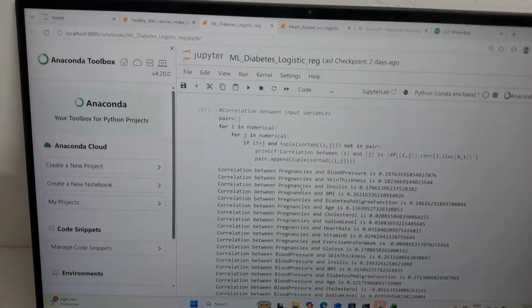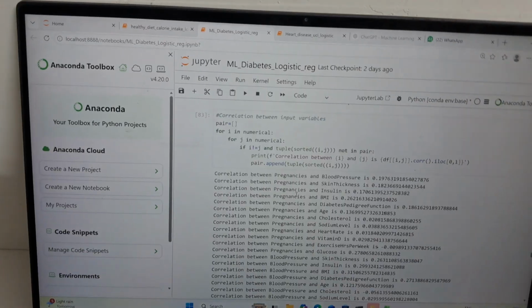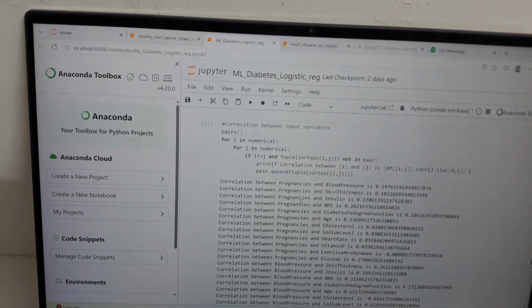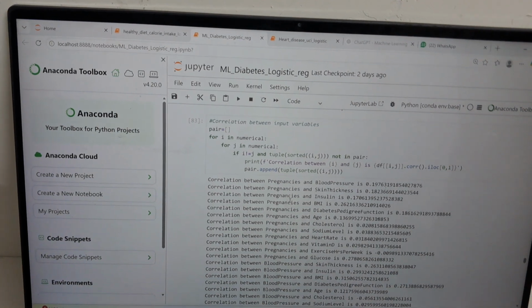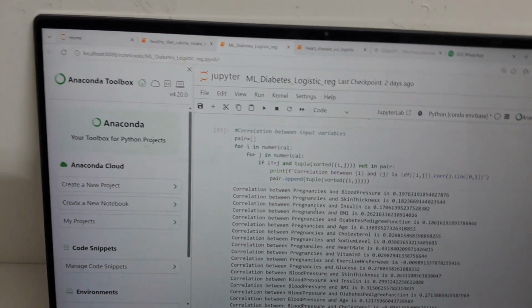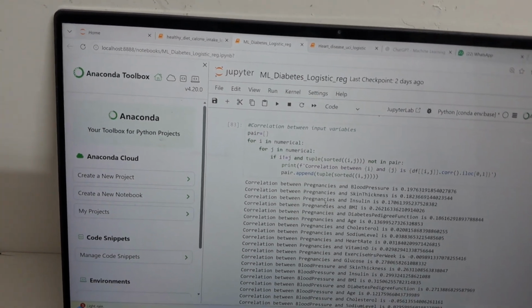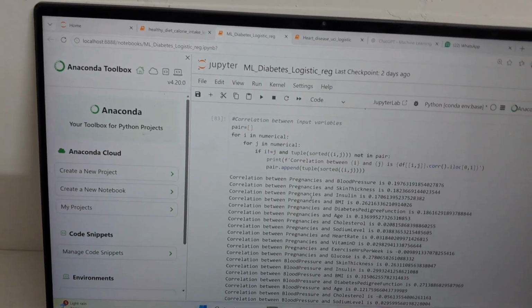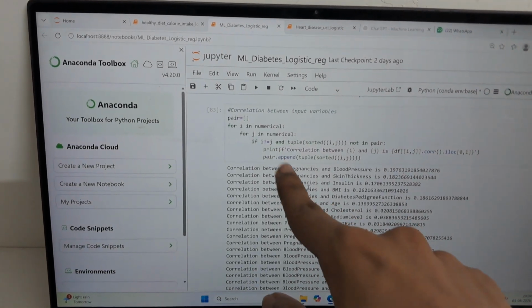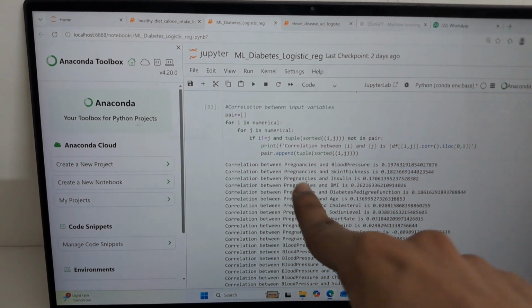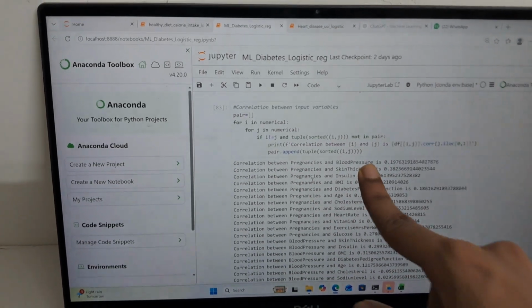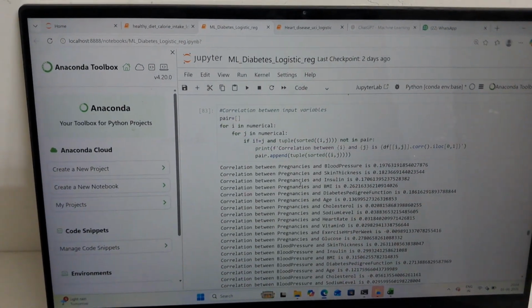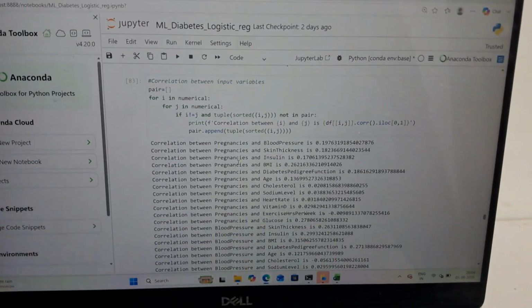If there are many unnecessary columns which are already related to other variables, then I don't require that variable, and an unnecessary column increases computation power. That's why I'll remove it. But here pregnancy is not related to blood pressure, meaning I need pregnancy and I also need blood pressure. So I don't remove these two input variables.